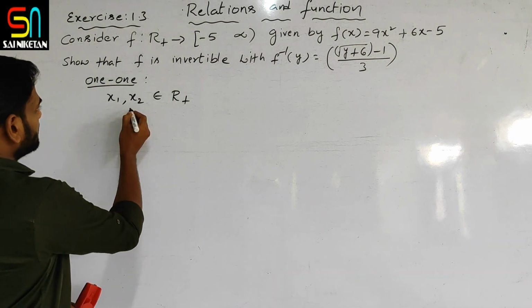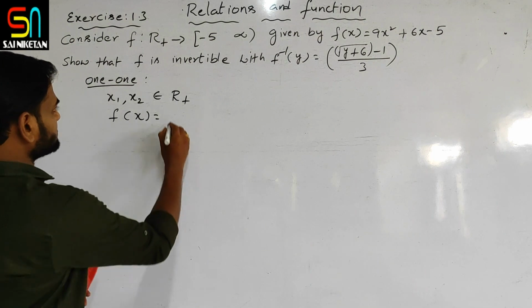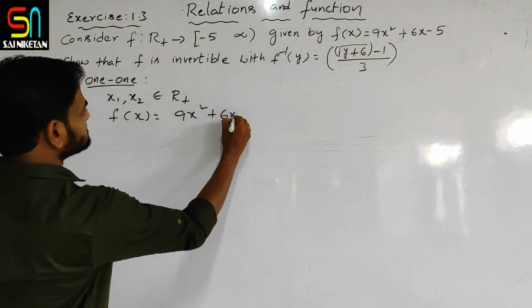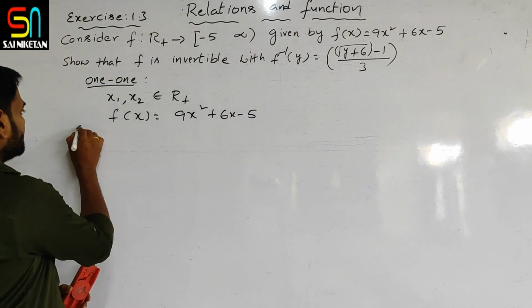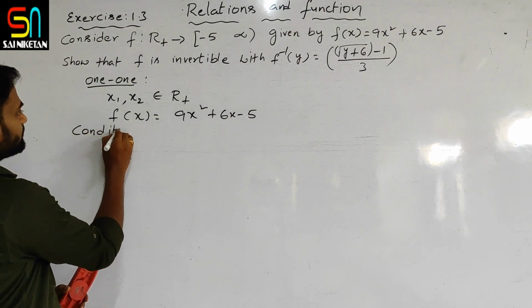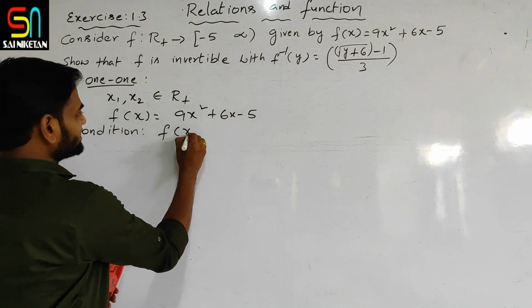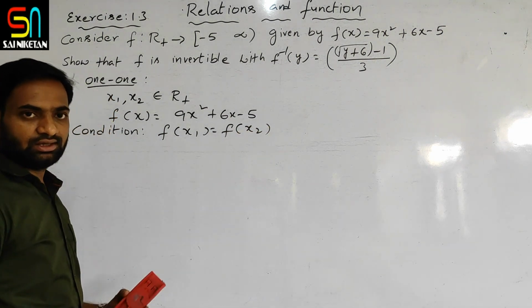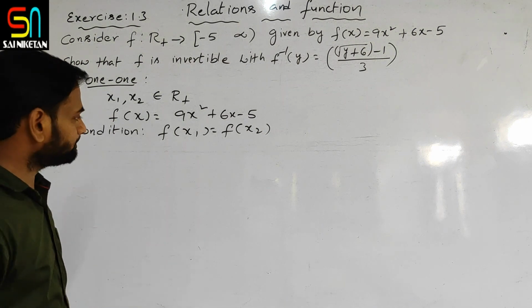What is f of x? f of x is 9x square plus 6x minus 5. Now what is the condition actually? The condition is f of x1 is equal to f of x2, and finally we have to get the answer x1 equal to x2.